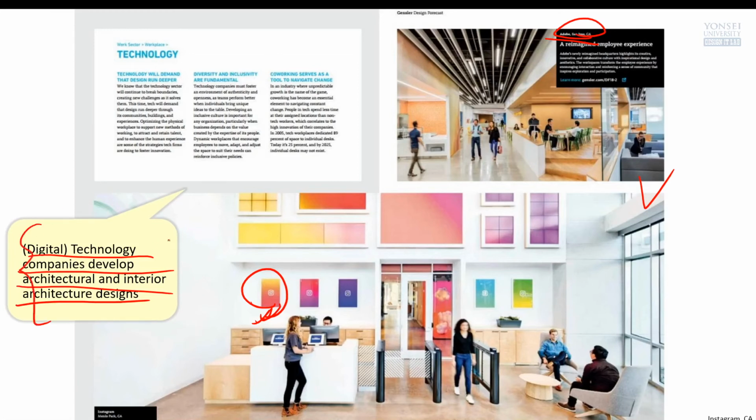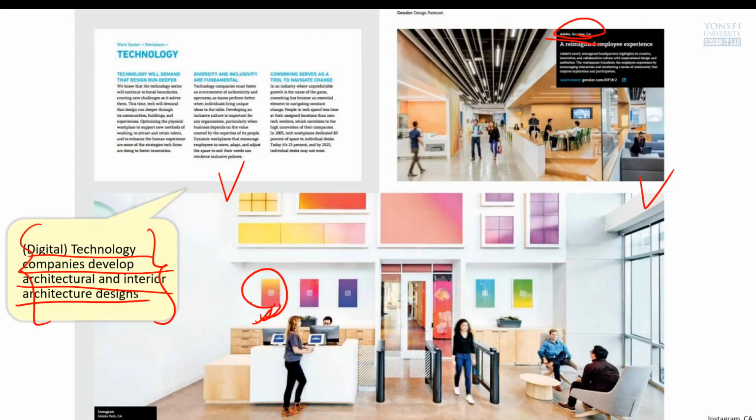What does it mean? Gensler is a design company, but these so-called big companies, unicorn companies, in other words, companies with an amount of money, lead this kind of workspace design and interior design based upon their plenty of budgets.